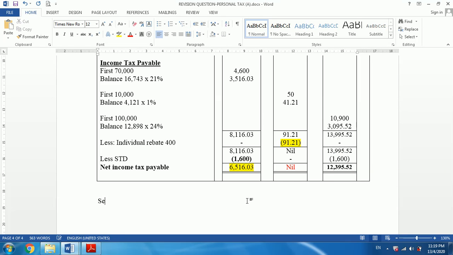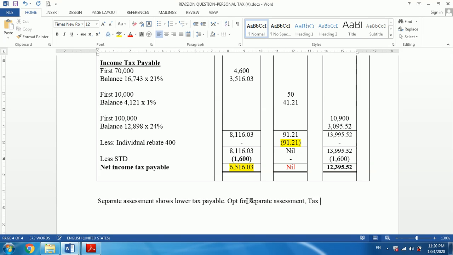So in this case, I will say the separate assessment shows a lower tax payable. Of course they should opt for separate assessment. But this is just a decision, and you have to tell them the reason why.